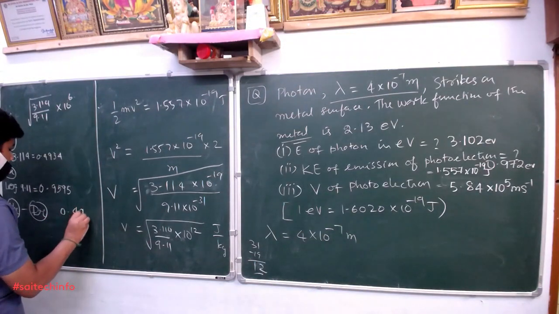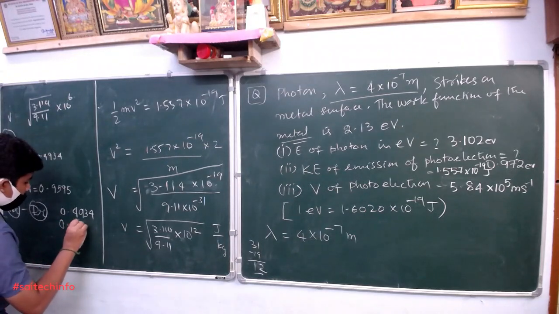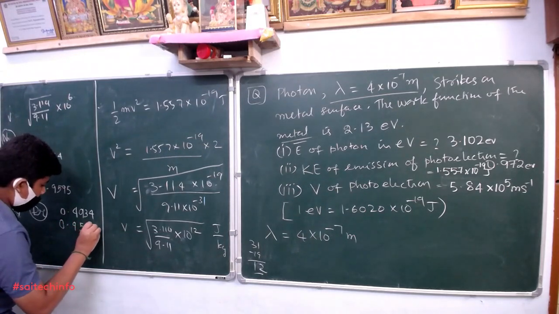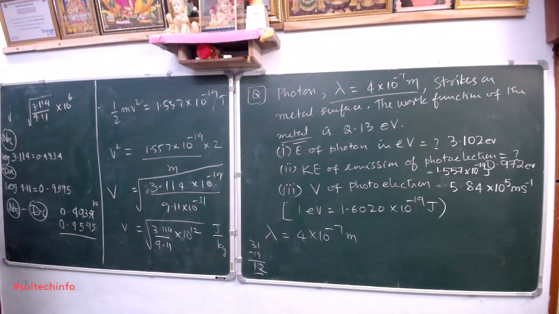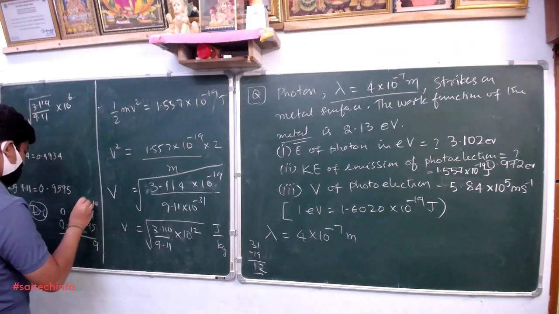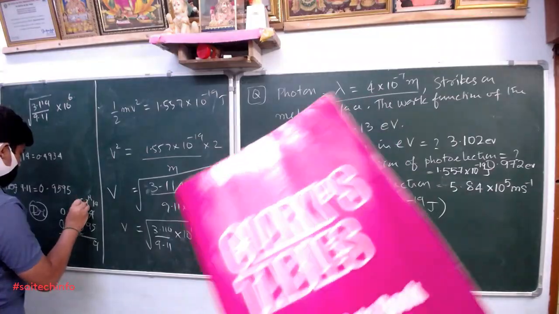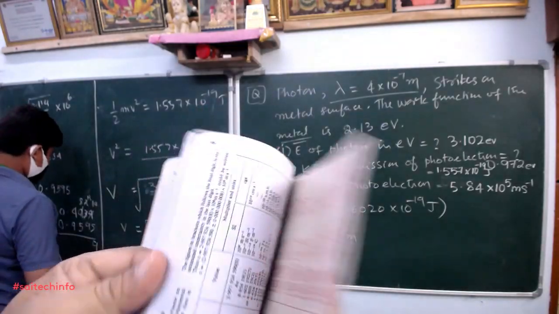Now you have to subtract. In logarithm, if it is a quotient, that is division, you have to subtract. Multiplication means add. So that is called the quotient rule and product rule. This is the science data book, where you can find these logarithm and other values. So make use of this effectively.